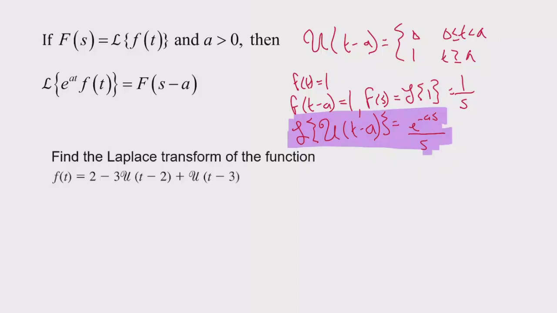Okay, so find the Laplace transform of the given function. So I'm going to do the Laplace of f of t, which is going to be 2 times the Laplace of 1. So that's that 2. I'm just factoring the 2 out and looking at Laplace of 1.